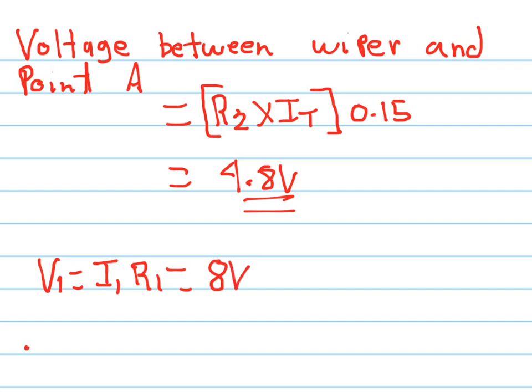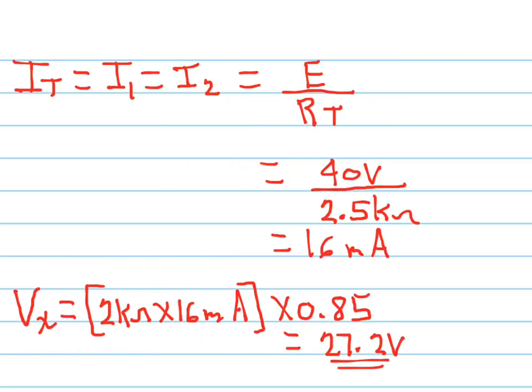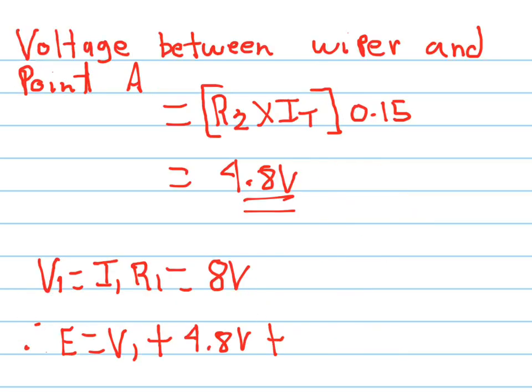So therefore, we can finally say that E will be V1 plus the voltage from the wiper to point A, so plus 4.8 plus Vx 27.2.